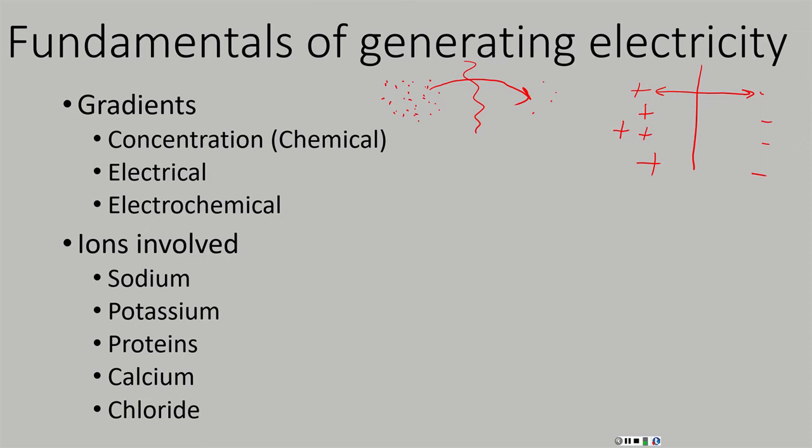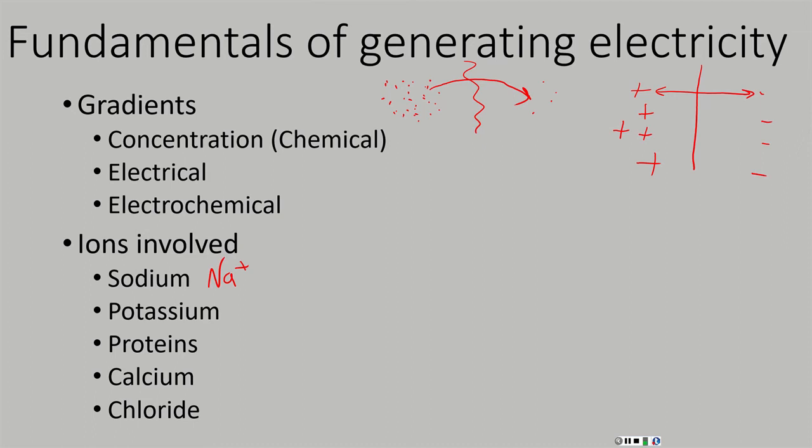Now we're going to be talking about several ions, and when we talk about ions, what you will need to know is what type of charge does each of these ions have, and where are they in greater concentration, inside the cell or outside the cell. So first, sodium. Sodium is Na+, so it has a positive charge.